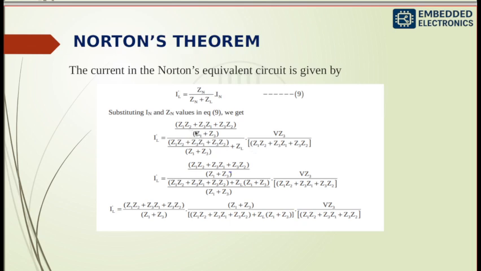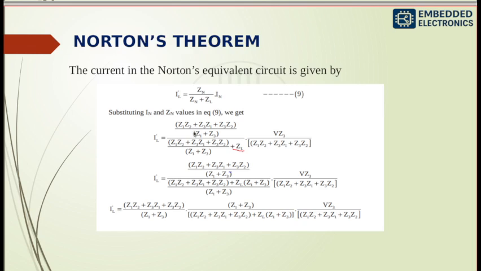Now one thing you need to observe, these both are common, right? But before that you need to take LCM for this, multiply and divide it by, then it will show like this: ZL of Z1 plus Z3 divided by Z1 plus Z3.